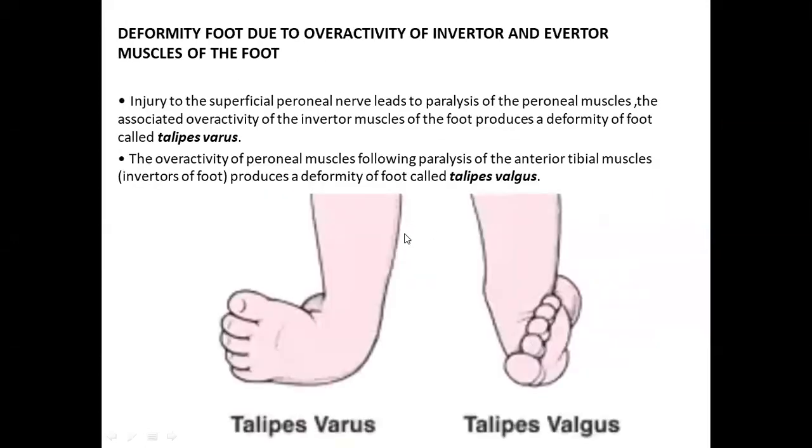There are a few deformities of the foot that occur due to overactivity of either the inverters or the everters. If there is an injury, as we just studied, the peroneal muscles are supplied by the superficial peroneal nerve. So if the superficial peroneal nerve is damaged, then what will happen? There will be an overactivity of the inverters of the foot, because the everters of the foot are paralyzed.